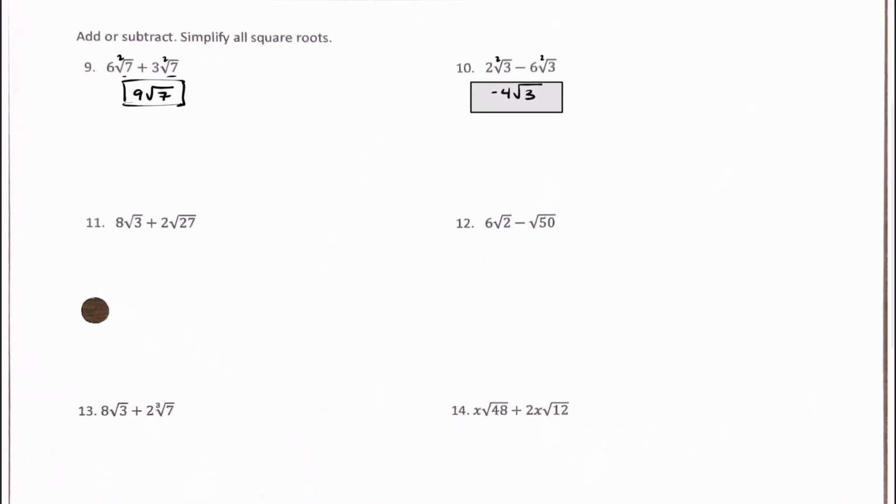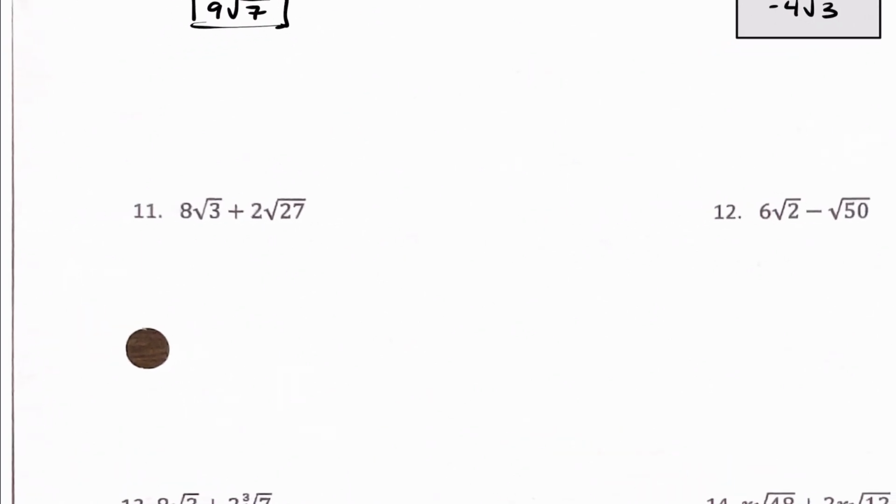For number 11, this one's a little weird because look, 8 root 3 plus 2 root 27. What I want to do here is check and see if I can simplify this and see if there's anything good happening from there. Let's take a look at this 8 root 3. We're going to leave that alone, plus 2 root 27, right?